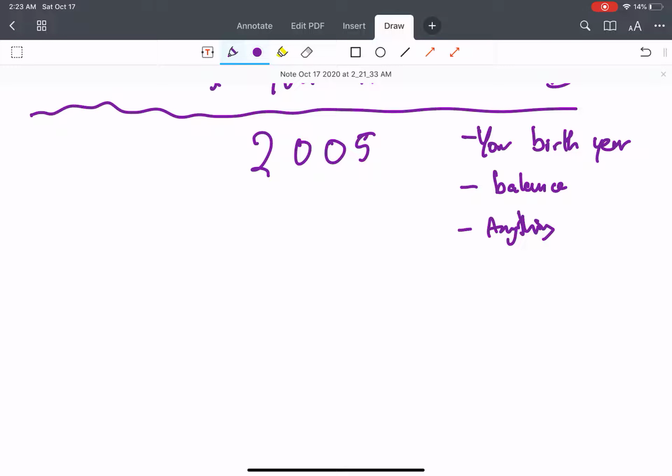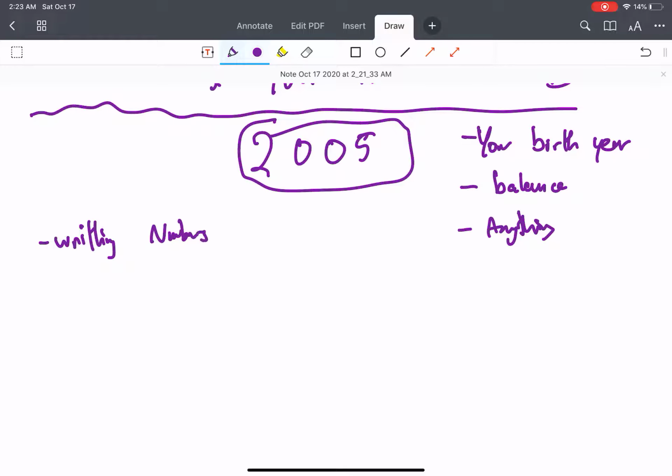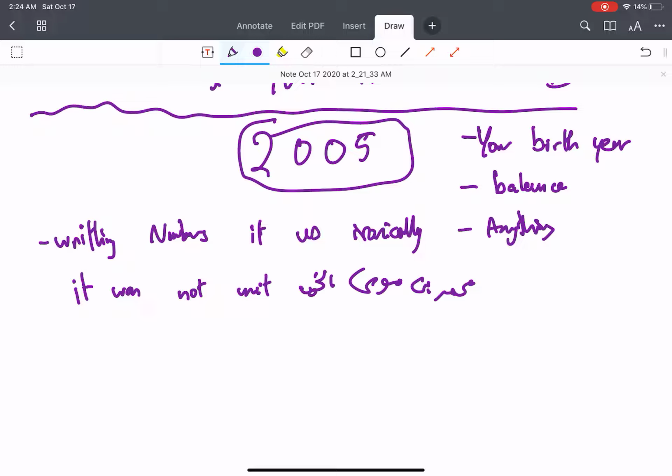But actually, for us humans to reach this way of writing numbers, it took us, ironically, thousands of years. It was not until Muhammad ibn Musa al-Khwarizmi standardized this way of writing numbers.